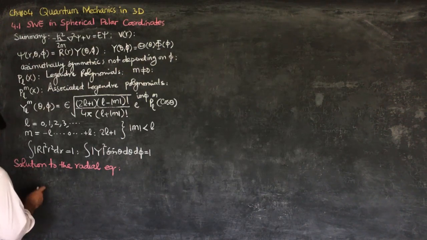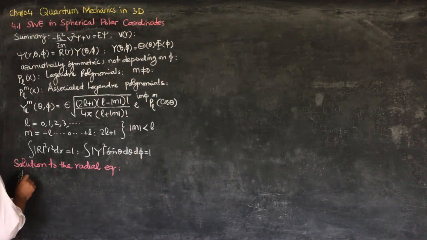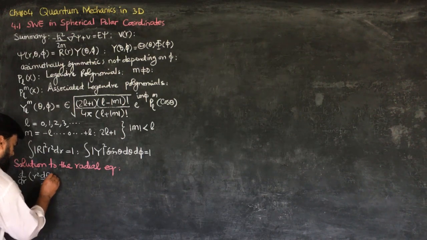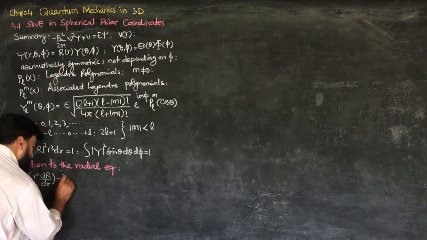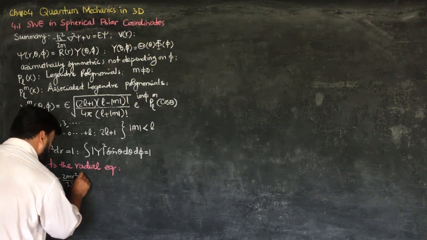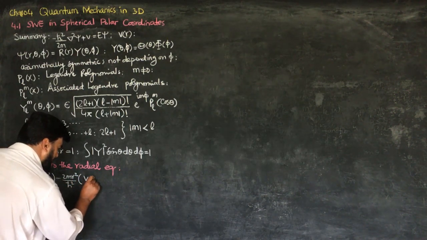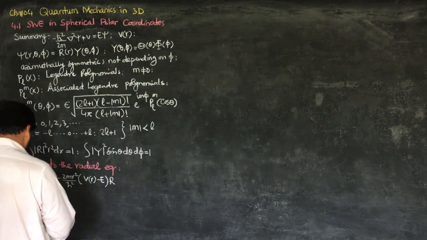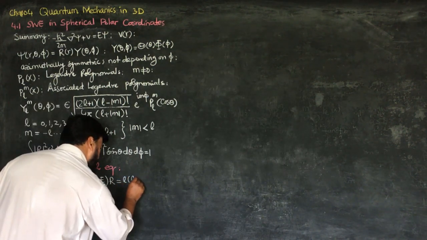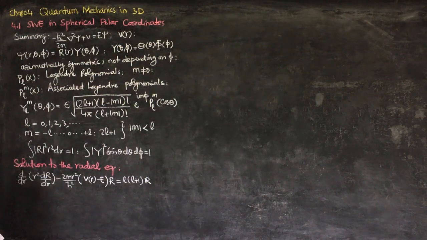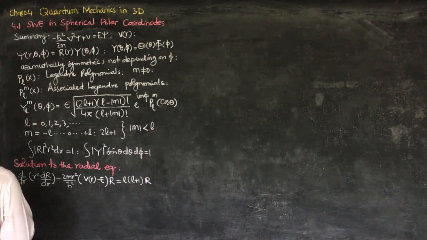So the radial equation is d/dr of (r² dR/dr) minus 2mr²/ħ² times (V(r) − E) R is equal to L(L+1) R. This is the radial wave equation, and now we will simplify it with a change of variables.